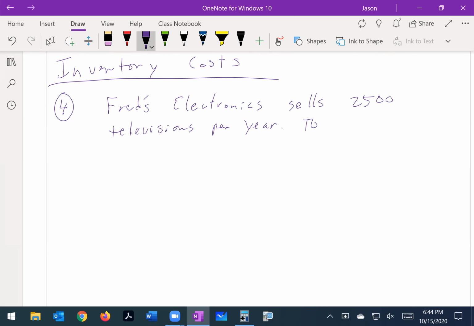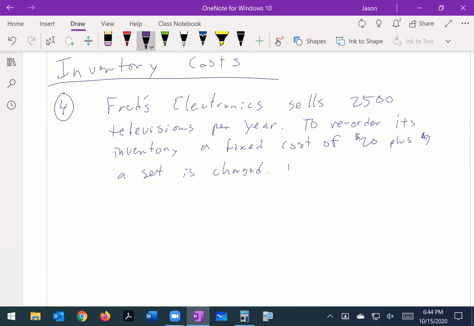Okay, to reorder its inventory, a fixed cost of $20 plus $9 a set is charged.